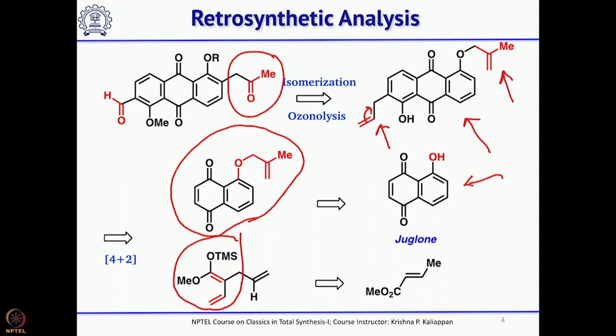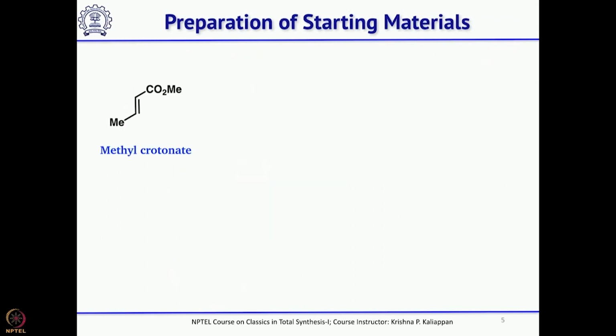Now let us see how the forward synthesis took place. So he started with commercially available methyl crotonate. Now if you treat with LDA, what will happen? This CH2 will be picked up.